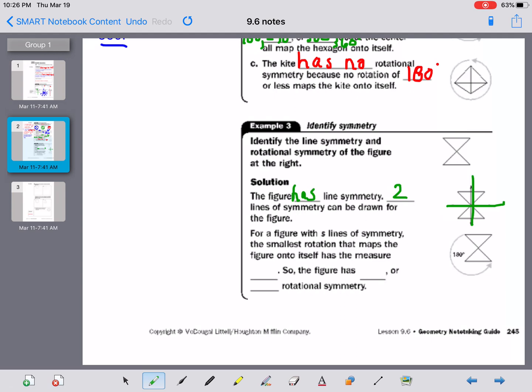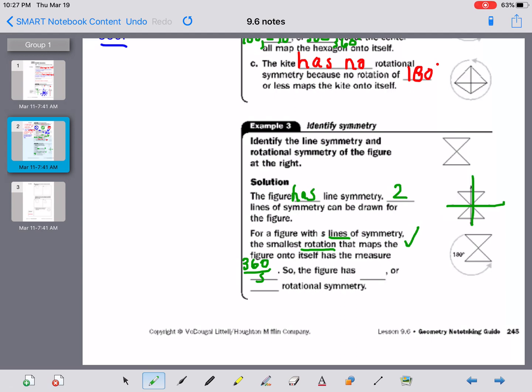Now, this next box is what's kind of nice and important, and it will help us in future examples. It says for a figure with S lines of symmetry, the smallest rotation, so here we're going to mix rotation with our lines, that maps the figure onto itself has the measure of 360 divided by S. S is the number of lines of symmetry.